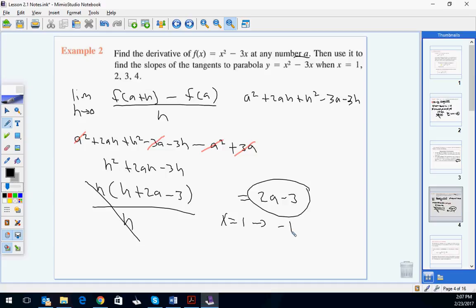When x equals 1, or a, time point 1, it's negative 1. Yeah, a is x, sorry, probably should denote that. x is equivalent to a. So then x is 2, we get 1. When x is 3, we get 3, and when x is 4, we get 5.